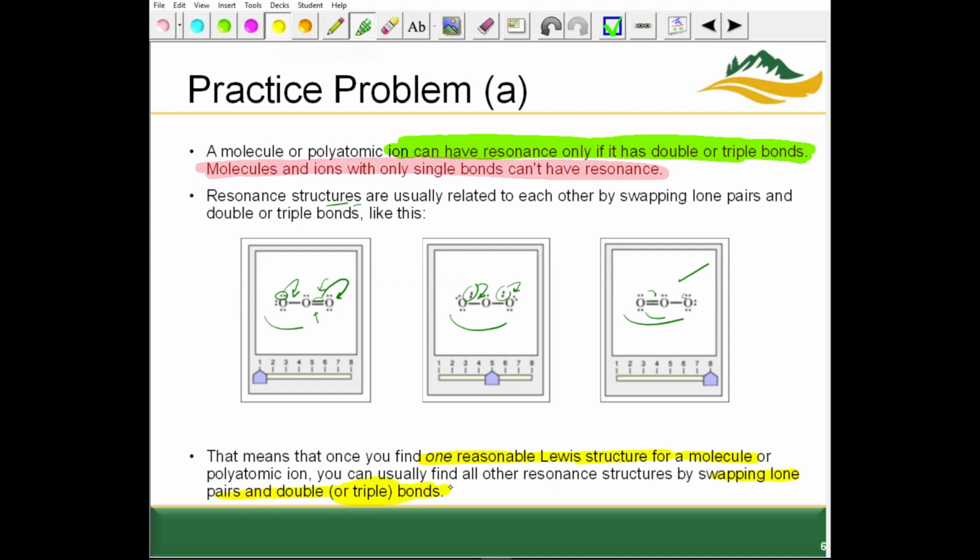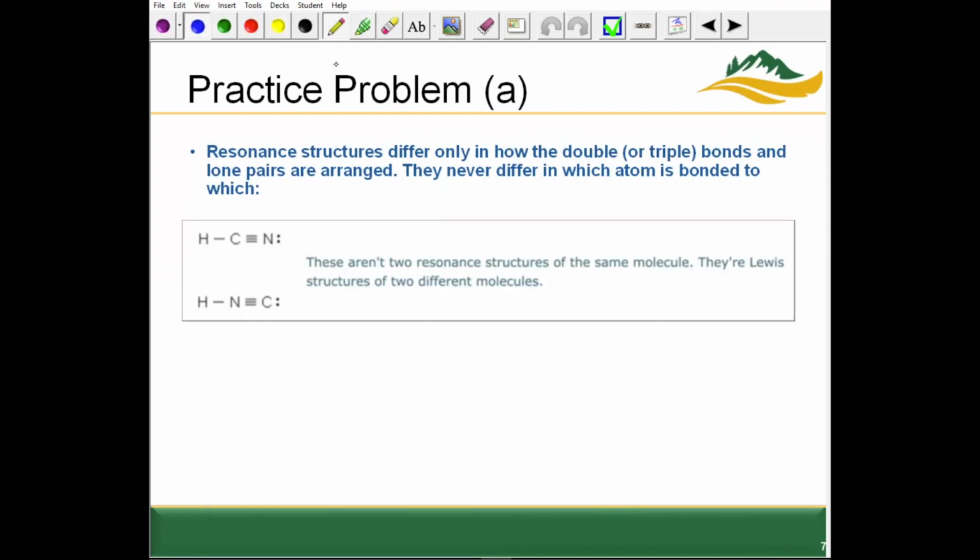And so another key point with resonance is that resonant structures differ only in how the double or triple bonds and lone pairs are arranged. They never differ in which atoms are bonded to which. So for instance, hydrogen, carbon, then nitrogen.